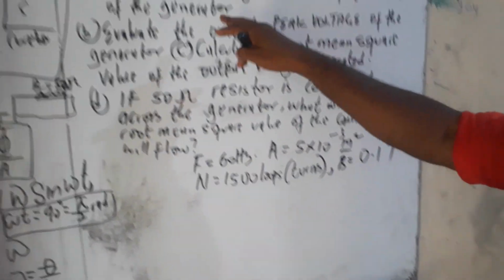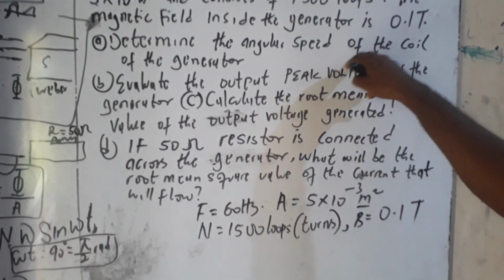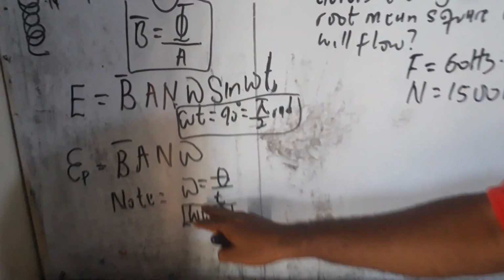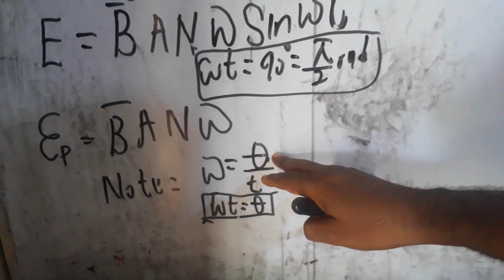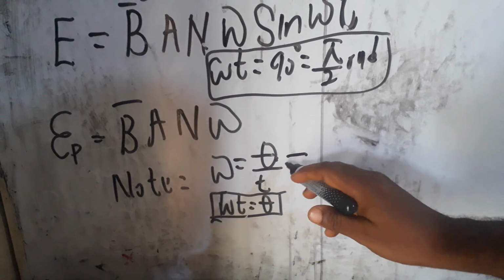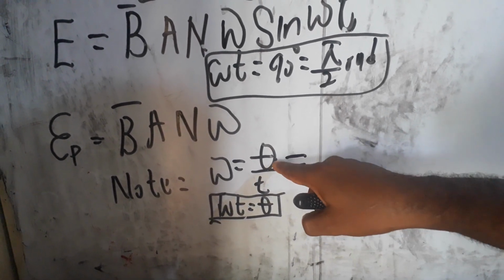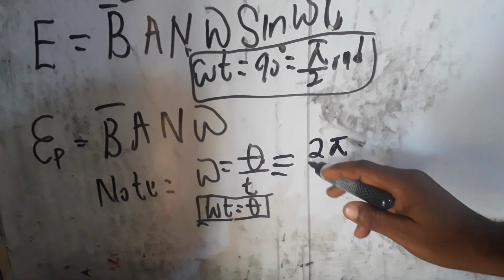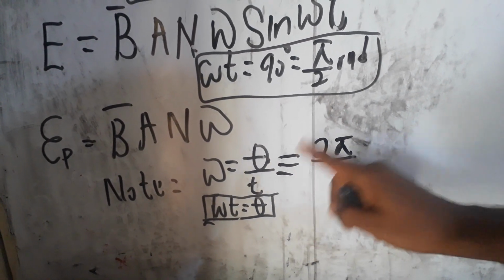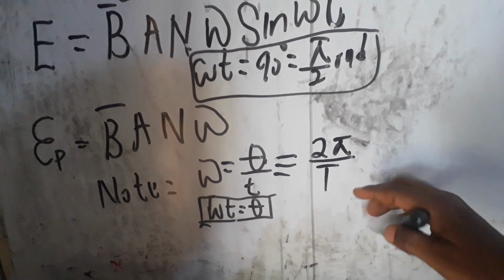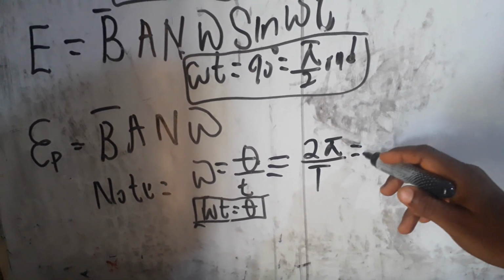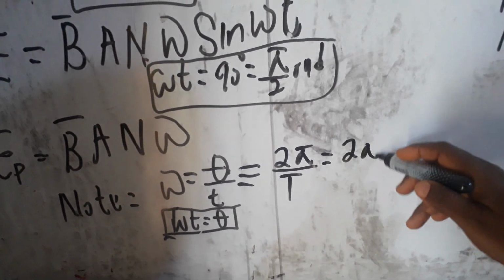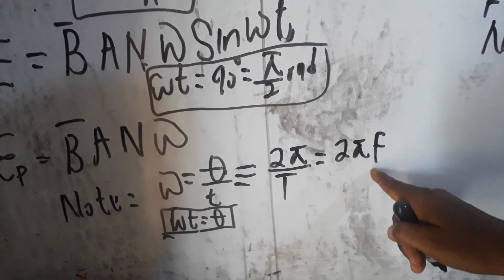Now, the first question says, determine the angular speed of the coil of the generator. Like I said earlier, angular speed can be written as angular displacement divided by time. For a full revolution, the total angular displacement is 2 pi, and the time taken for one revolution is called the period. 1 over the period is the frequency, so this can be written as 2 pi times frequency.